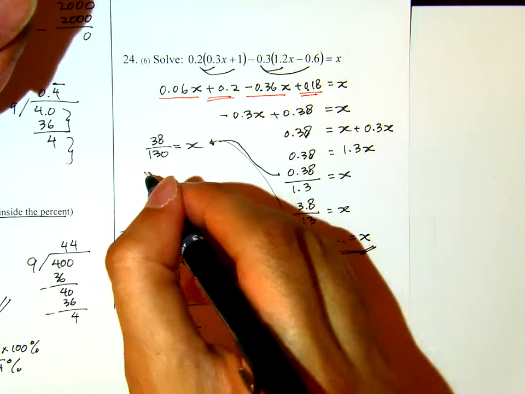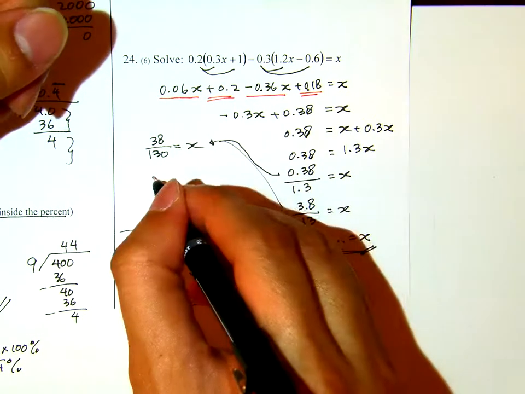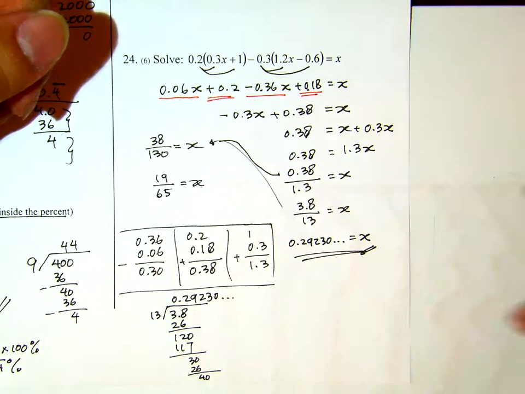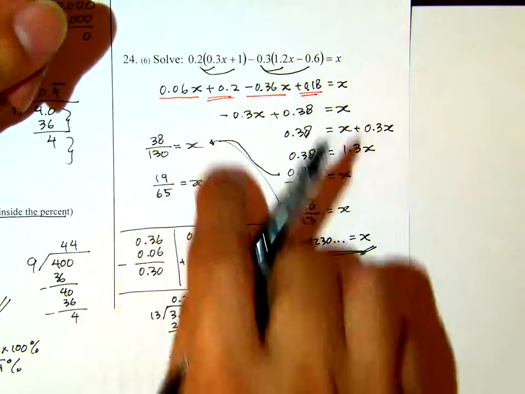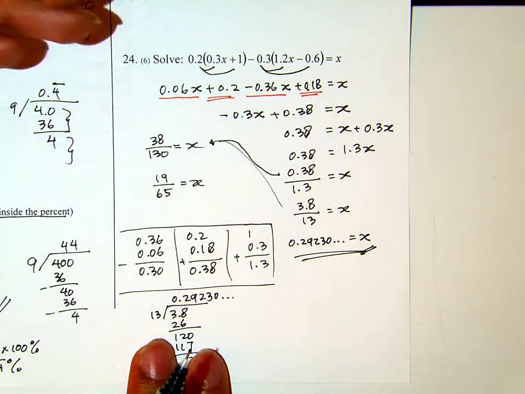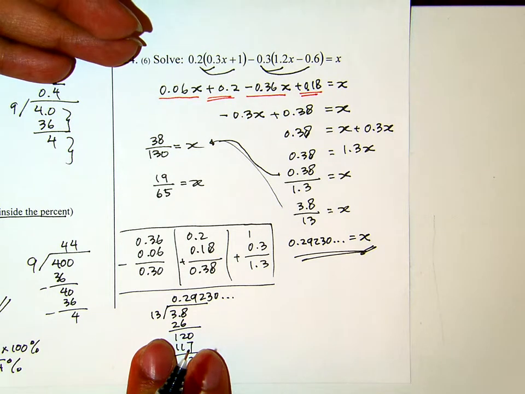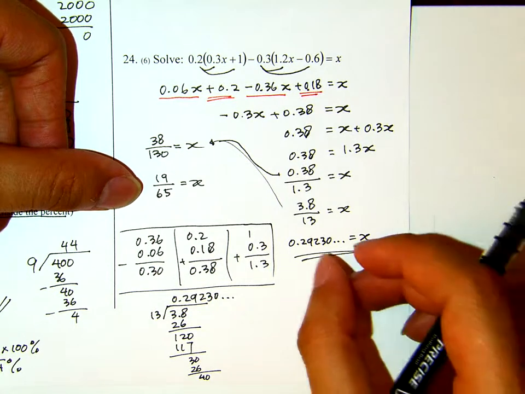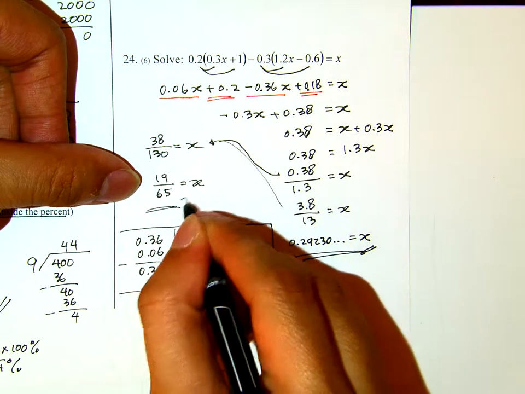Then you reduce by 2 and get 19 over 65 equals x. I will accept this answer. In fact, if I say write your answer as a fraction, then that's the answer I want. Because I didn't say anything, either one will be okay.